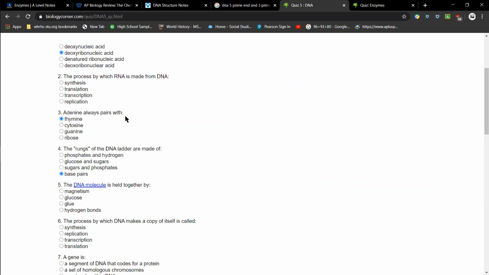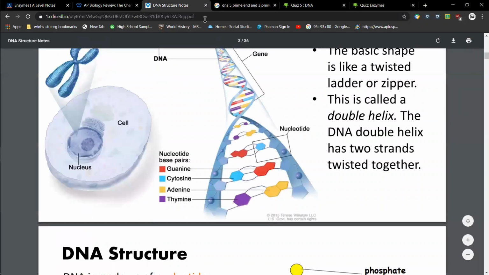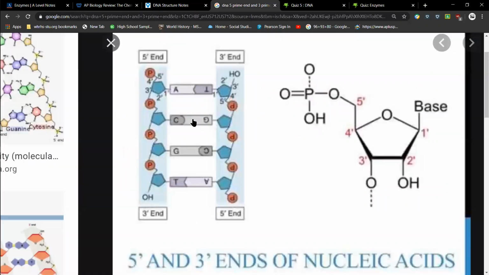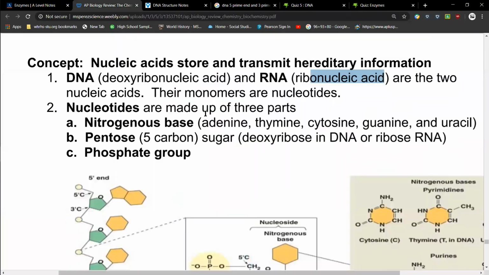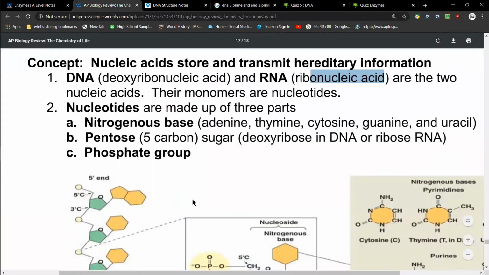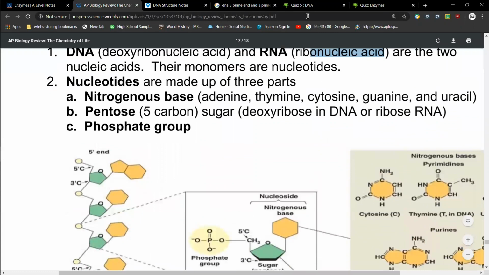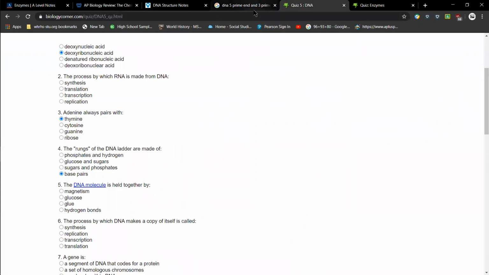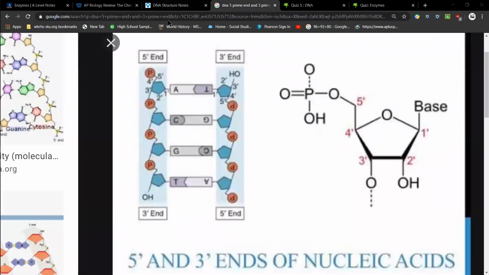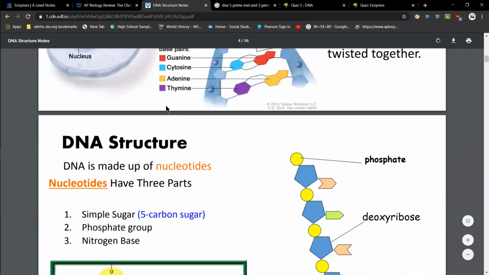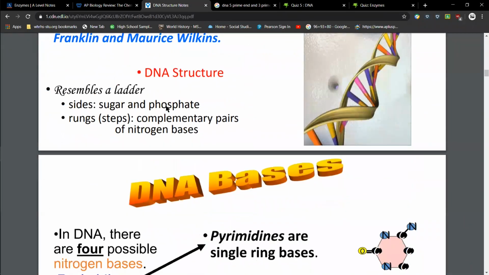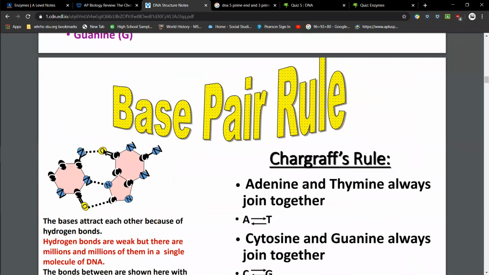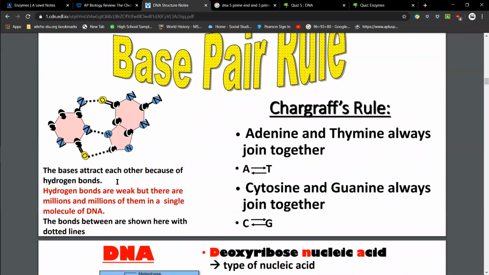So here, the bases, adenine and thymine, and cytosine and guanine, attract each other because of hydrogen bonds.